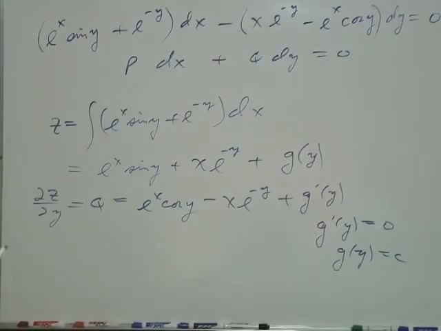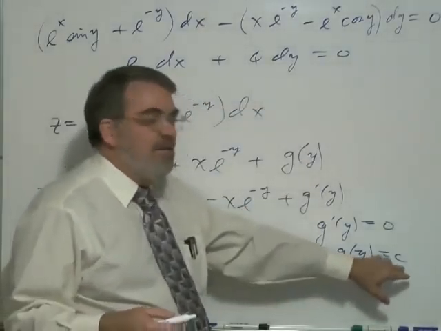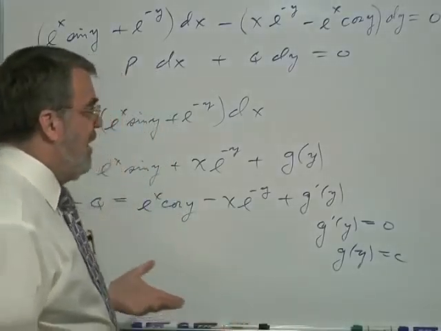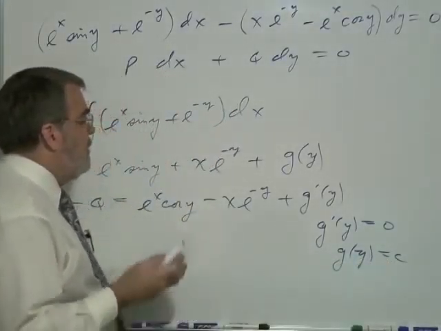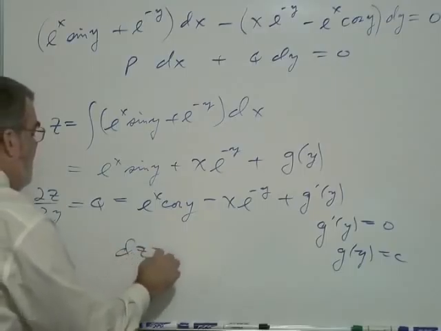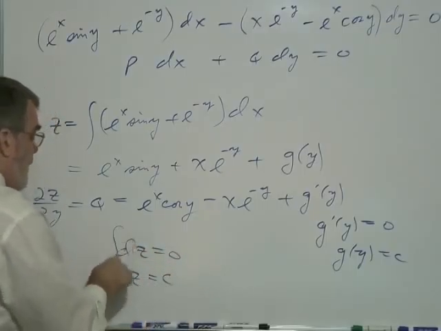Well, since the solution of my problem is z equal to a constant, this constant is going to be absorbed into the solution constant. So I really don't have to worry about this at all. It gets absorbed because, again, the solution to dz equal to 0 is z equal to a constant when I integrate.